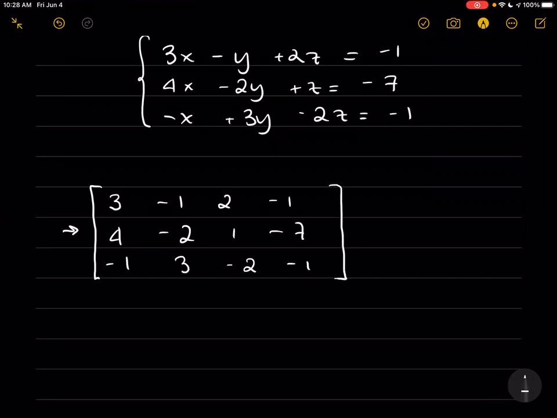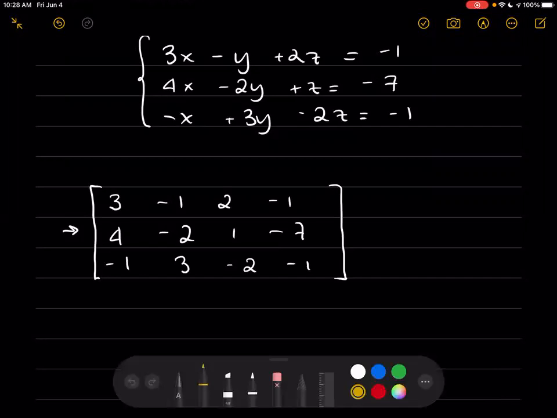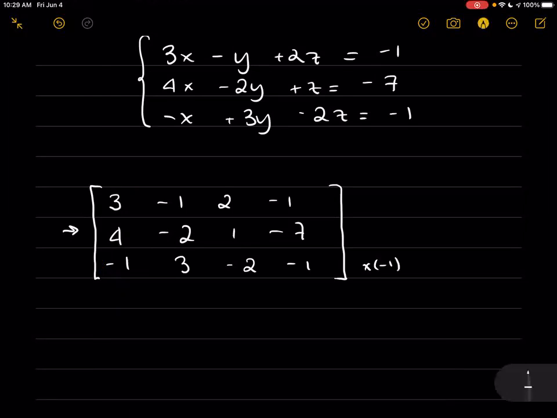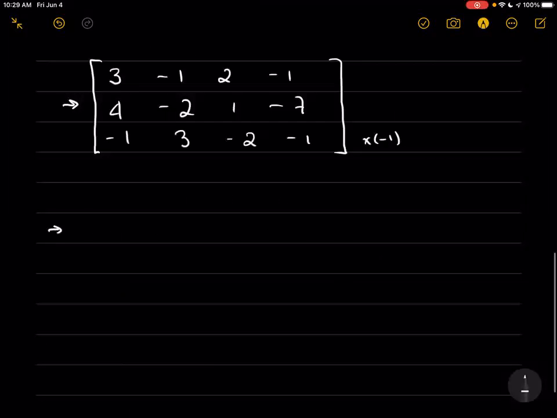Okay, now to start off, I want to get a 1 in this top left entry. I think the easiest way to do that is going to be to multiply this -1 by a -1 to make it +1 and then move it up. So let's go ahead and do that. We'll multiply this by -1, and we'll just do that first before moving it up.